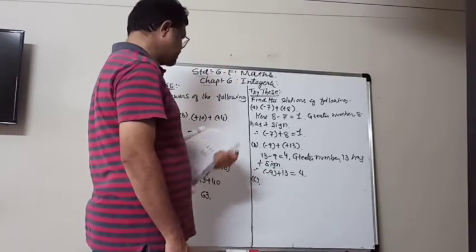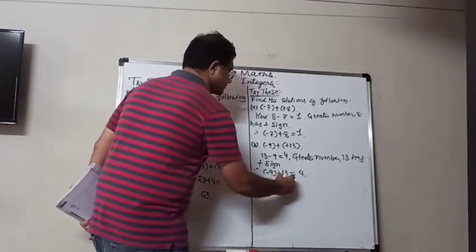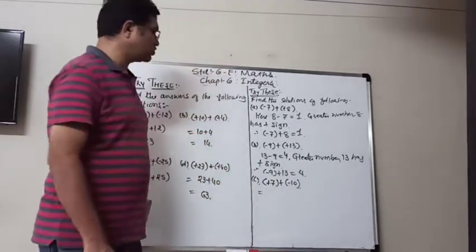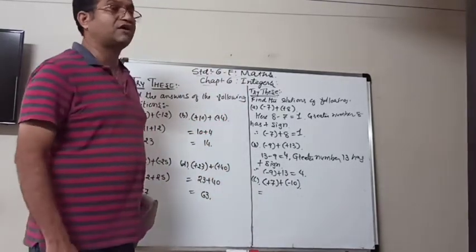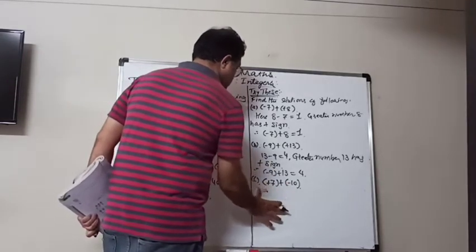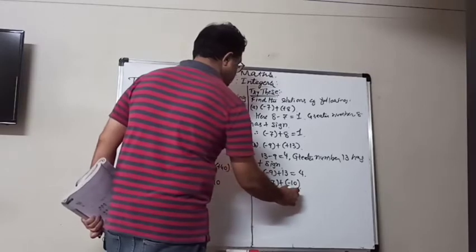C. Plus 7 plus minus 10. Now, as I told you, ignoring the sign, we have to subtract the smaller from the greater. So here, 10 minus 7 is equal to 3.